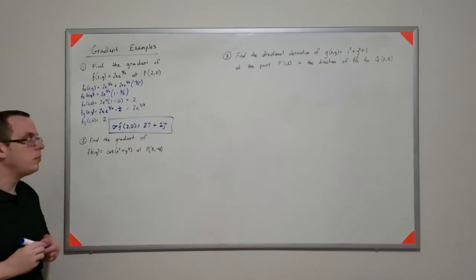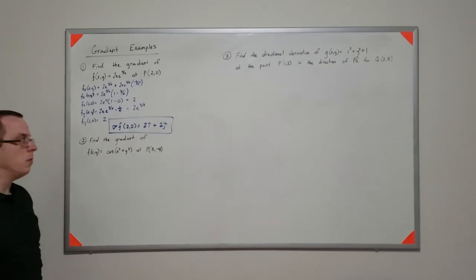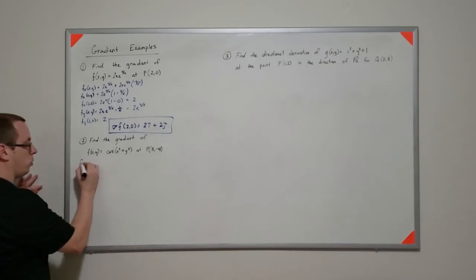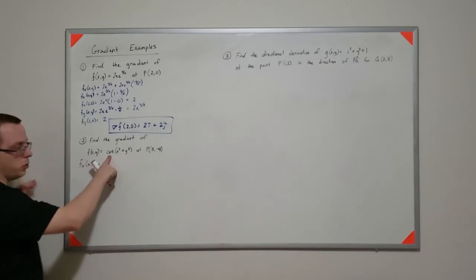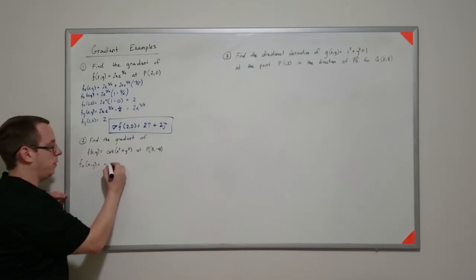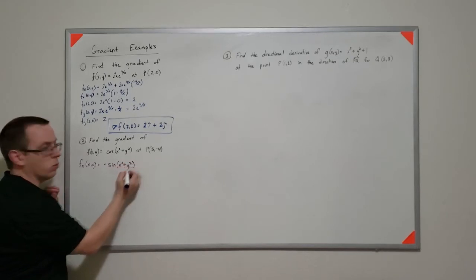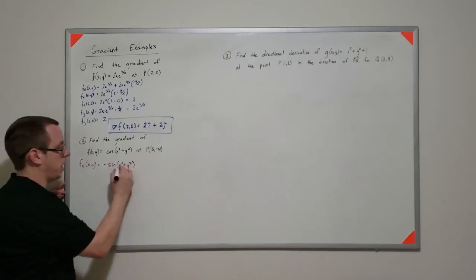Okay? Let's compute a gradient here. So I need to get my partial with respect to x. Well, the derivative of cosine is negative sine. And then through the chain rule, we take the derivative of what's inside.